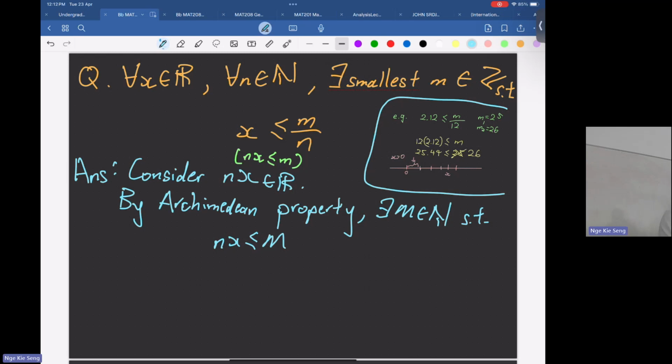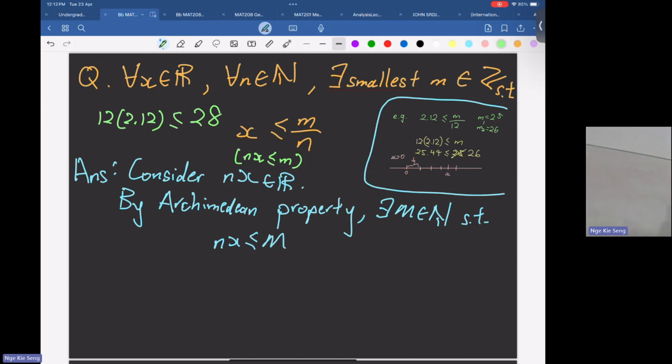Right. So go back to the example just now. Just now 12 times 2.12. Let's say this number is 28. How can this 28 give you 26?